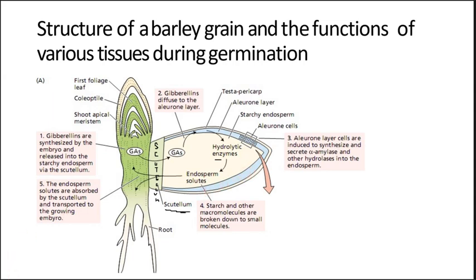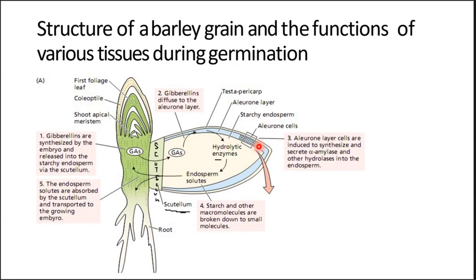So now we discussed the steps. Gibberellins are synthesized by the embryo. From the embryo, via the scutellum, they move into the endosperm. Once they are in the endosperm, they enter the aleurone layer.